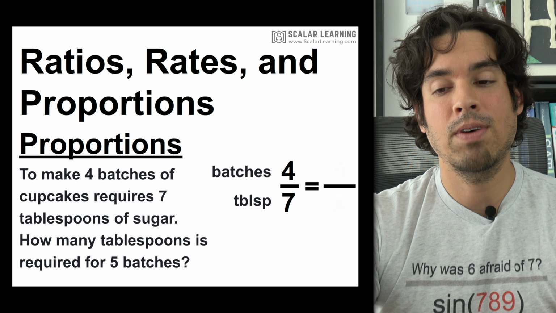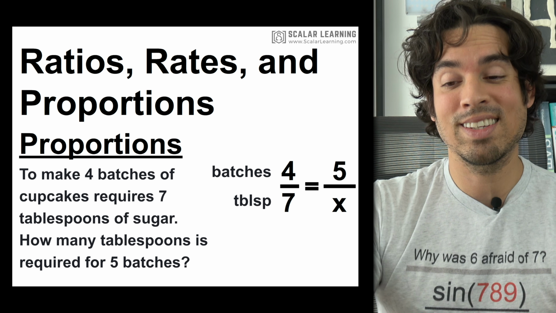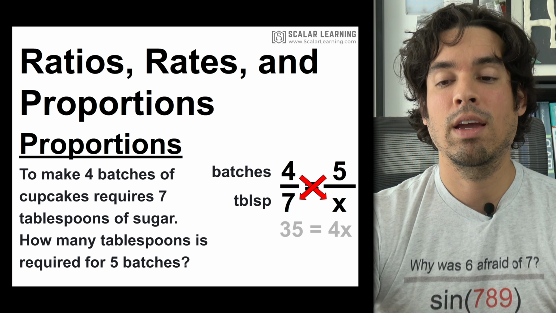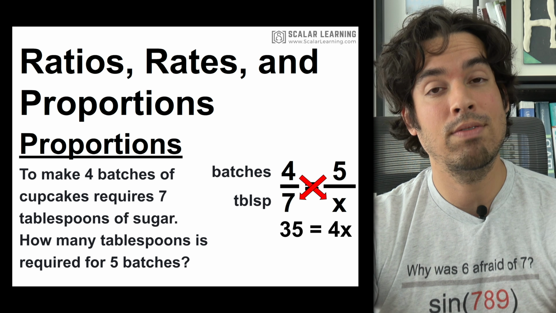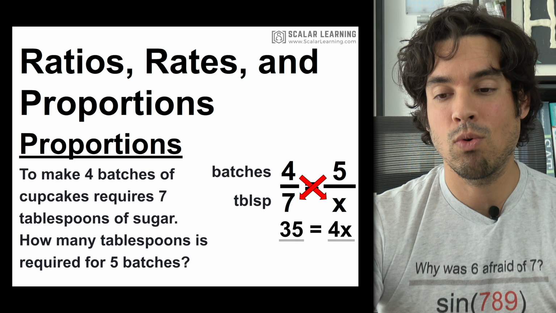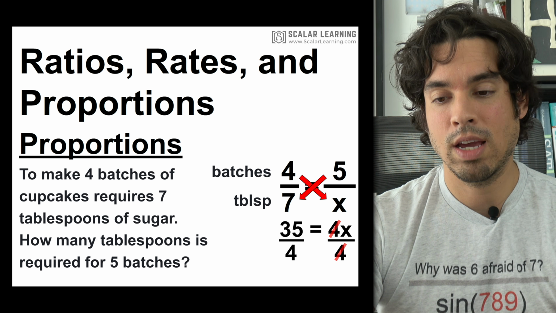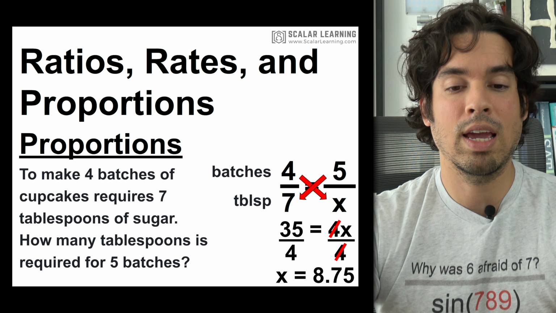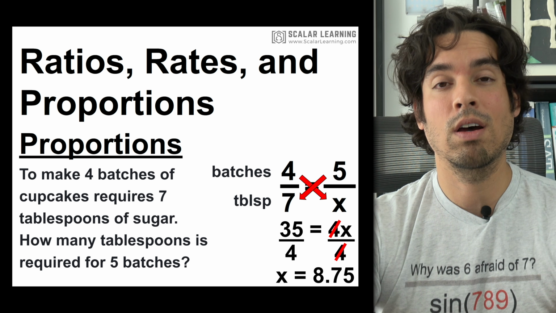Now we need to make 5 batches, but the tablespoons is unknown. All we gotta do now is cross multiply, and we get 5 times 7 is 35 equals 4x. Last but not least, isolate by dividing by 4. Cross those out, and we get x equals 8.75. So it's 8.75 tablespoons of sugar.